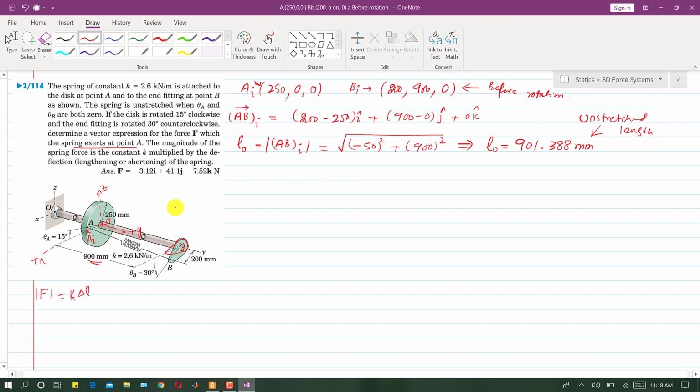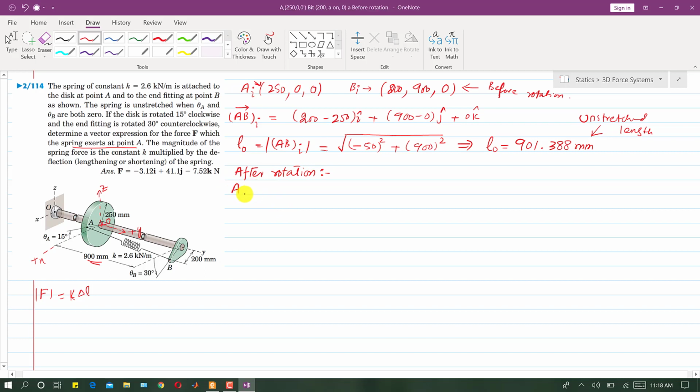Now what we will do is consider the after rotation coordinates of A and B, right? So let me remove these now, and let me remove this point as well. Now I will write that after rotation, what will be the final coordinates of A?